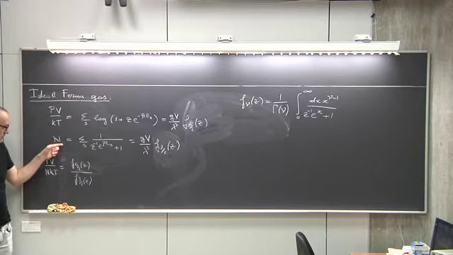Okay, so for example, if we want to compute the equation of state, the first thing is we want to invert the relation between z and n. So we have that n, the density, is equal to f 3 halves, from here.